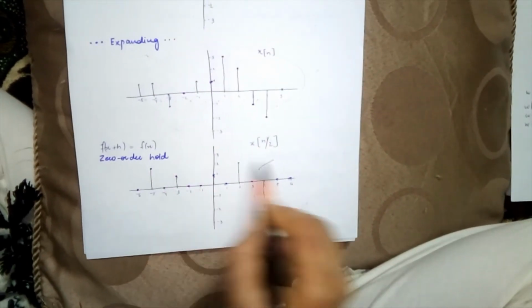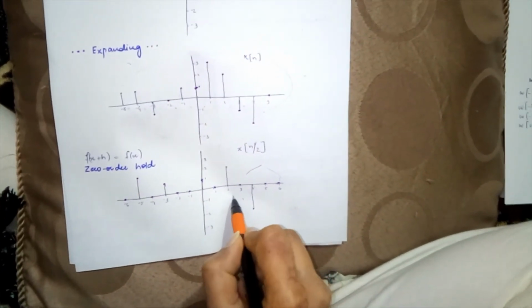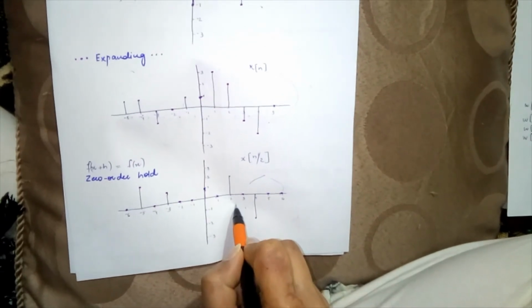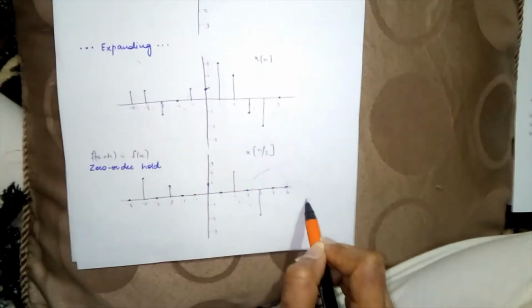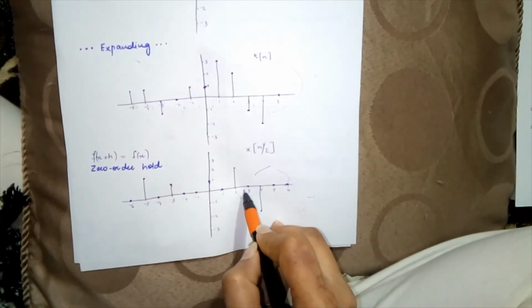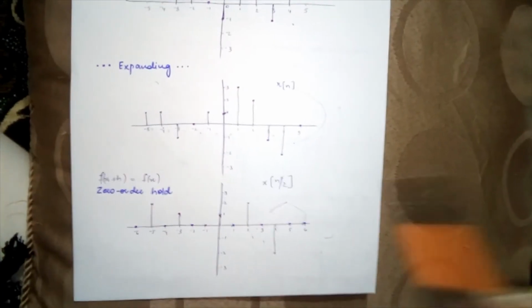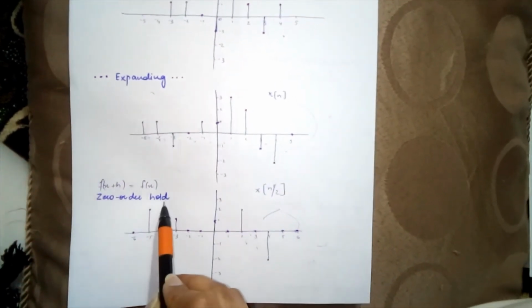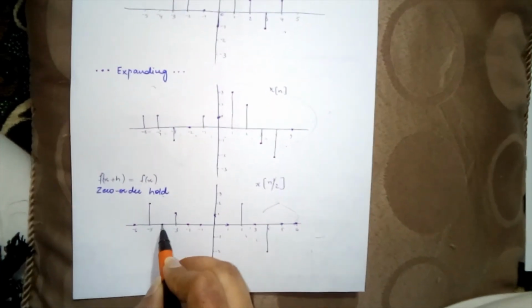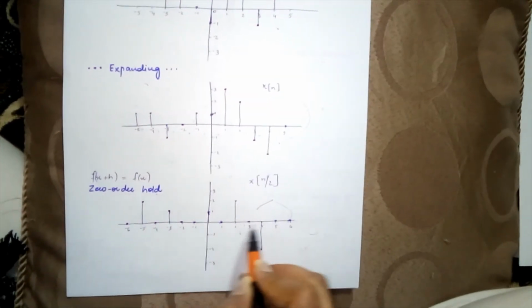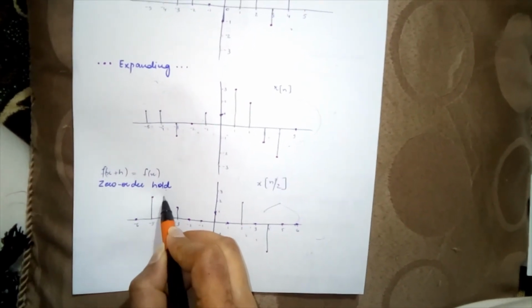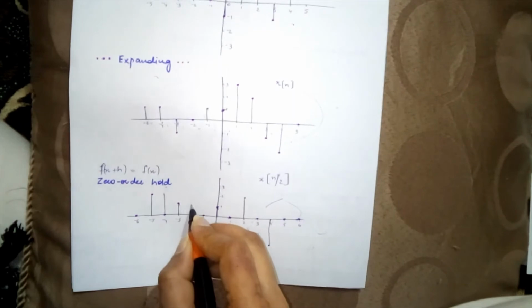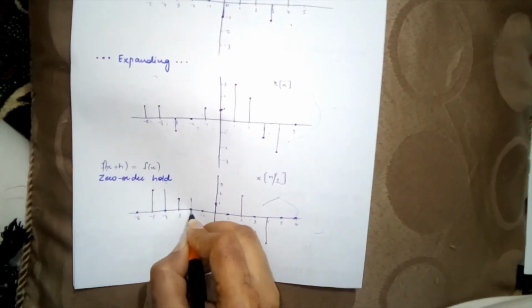So this is basically an error, and this error can be removed by 3 methods: zero order hold, first order hold, and second order hold. Basically in these methods some information is lost. In zero order hold, we get the values such that this value is drawn as the previous value like this, and this value is drawn the same as the previous value like this.